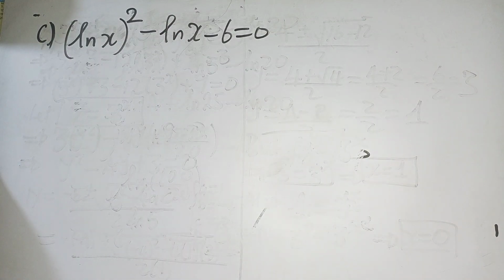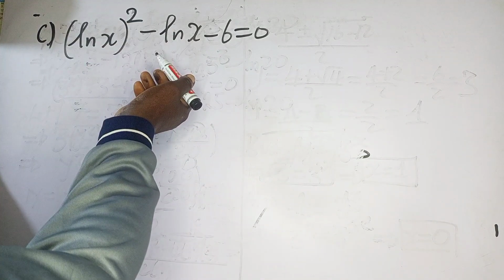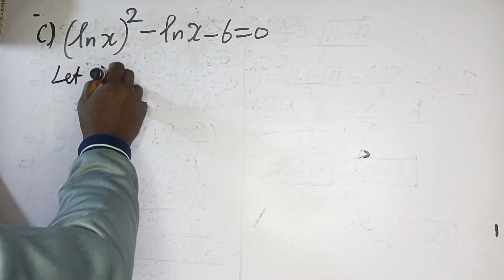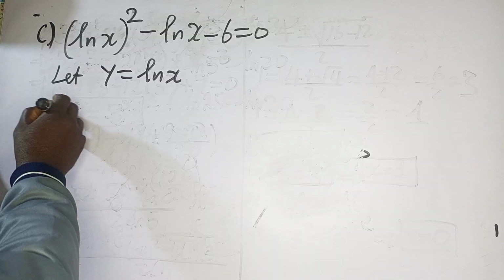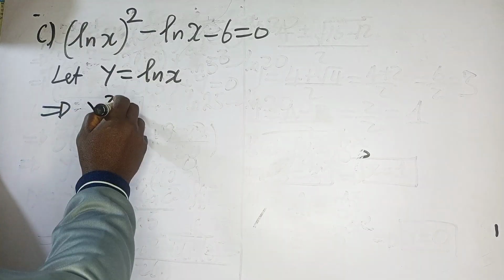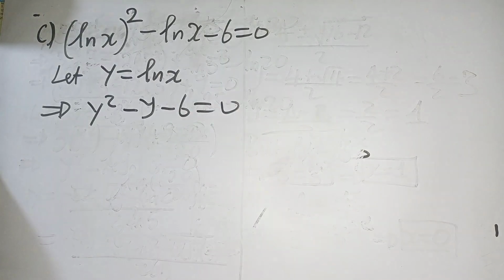Solve for x. So how do we go about that? If we look at it carefully, we see it's a quadratic in terms of ln x. To make it very clear, let us make a substitution: y equals ln x. So wherever I was seeing ln x, we put y. So our equation now becomes y squared minus y minus 6 equals 0.